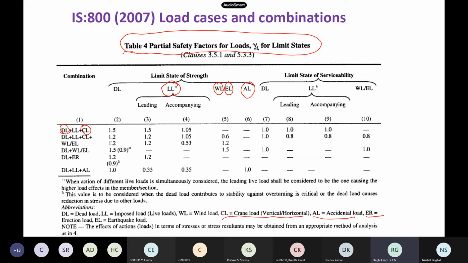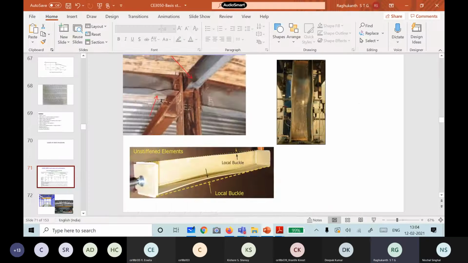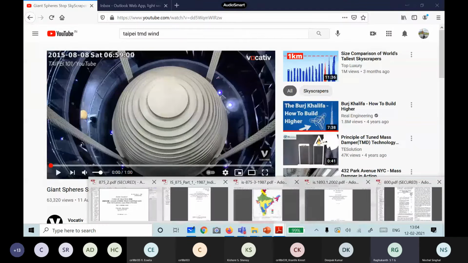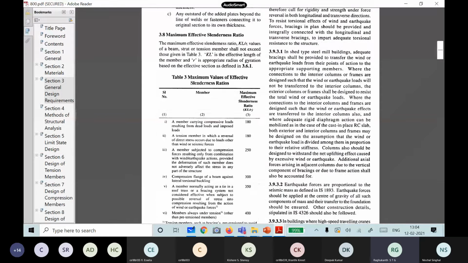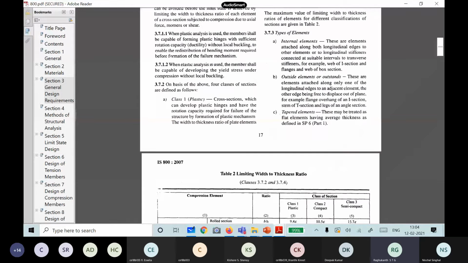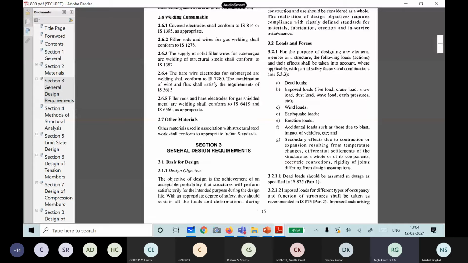Our code specifies what type of loads you have to design for and what standards you have to use in design. For example, if you see our IS 800, you can clearly see what the loads are. You can see Section 3.